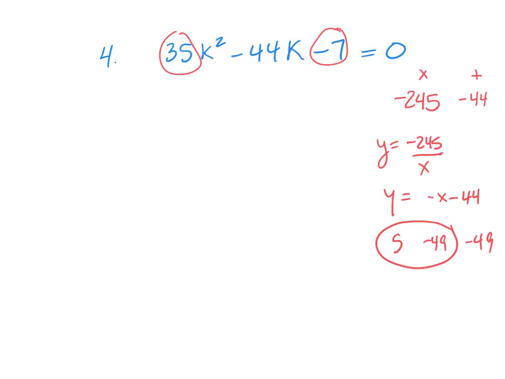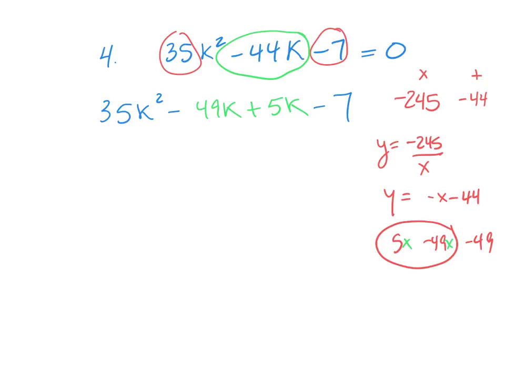So what we're going to do with those, 5 and -49, is add a little k to them. And we're going to substitute this guy here with those two numbers. So watch what I do. I have 35k squared minus 49k plus 5k and then the -7.